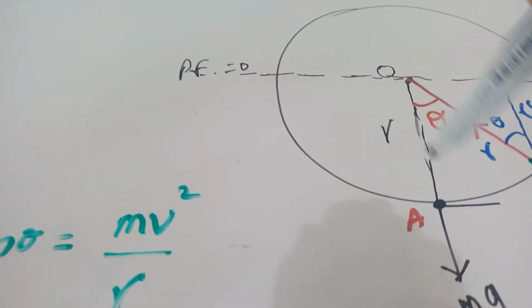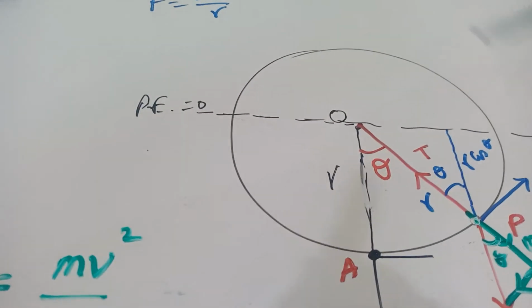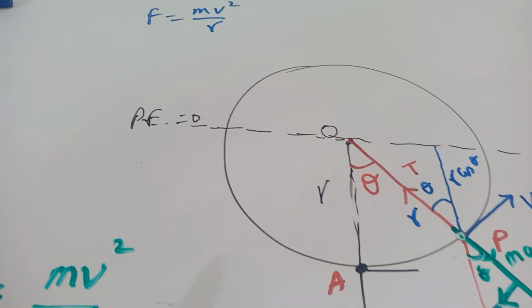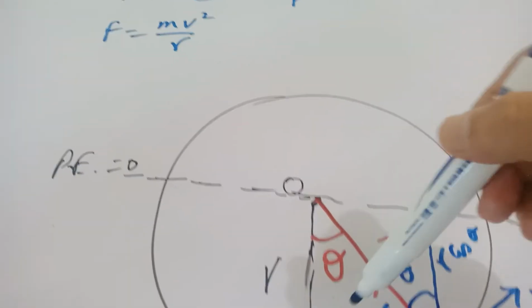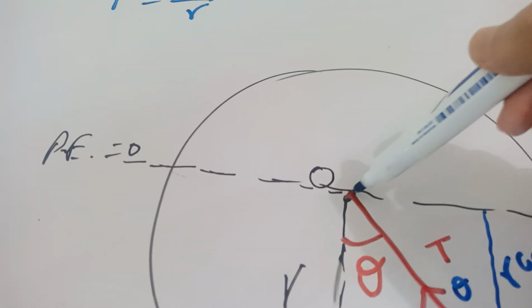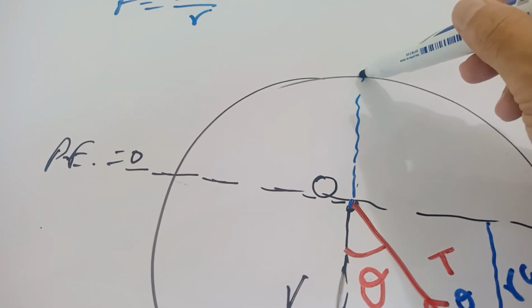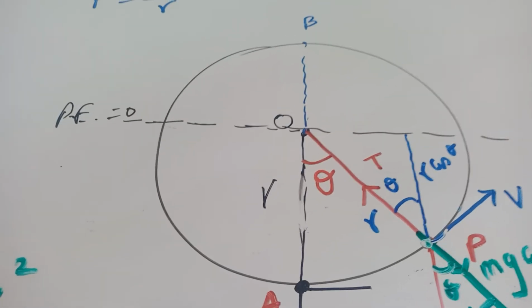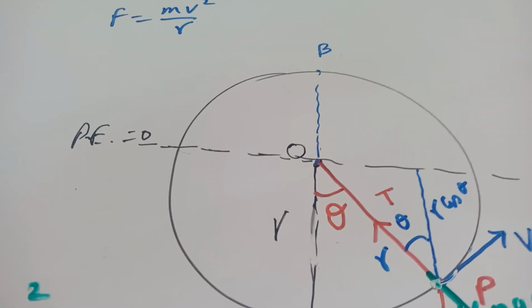Now whenever you assume that your object is completing the vertical circles, then you have to be very sure that when the object reaches at this point, let me call this point as point B, its velocity should not be zero.